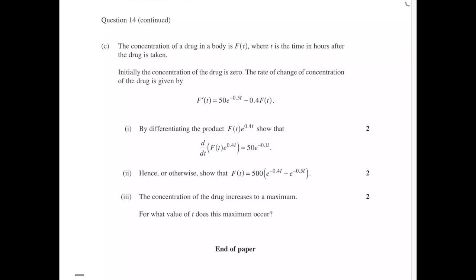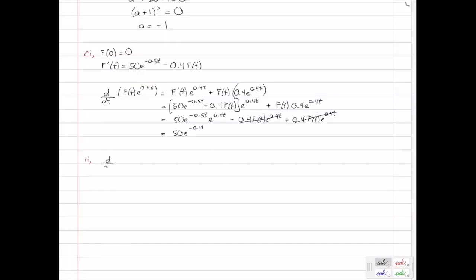So let's just rewrite what we worked out. We proved that the derivative of f of t e to the 0.4t was equal to 50 e to the negative 0.1t. Now we want to find an expression for f of t, and I can see that I have an f of t here, but it's kind of stuck with that derivative there.